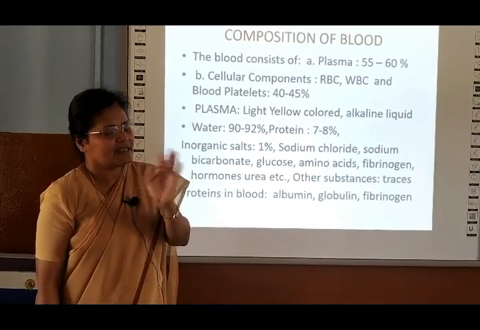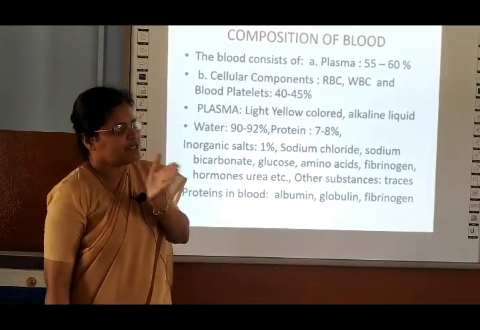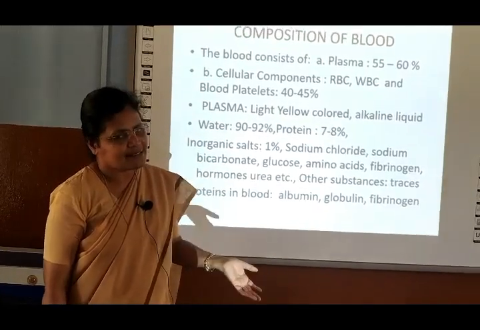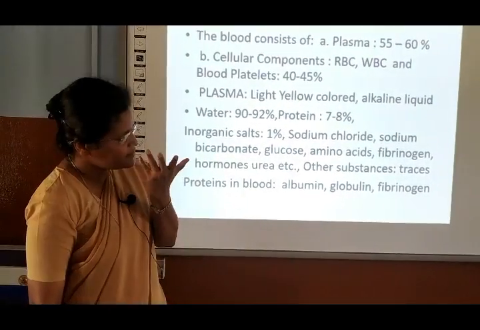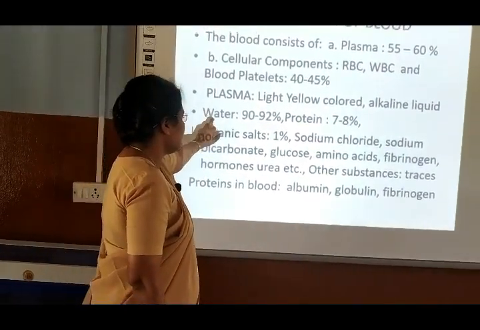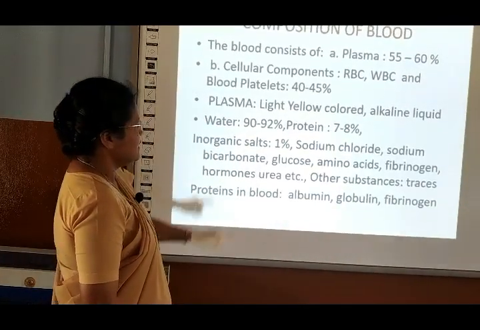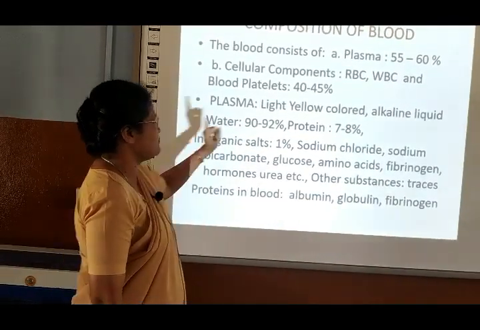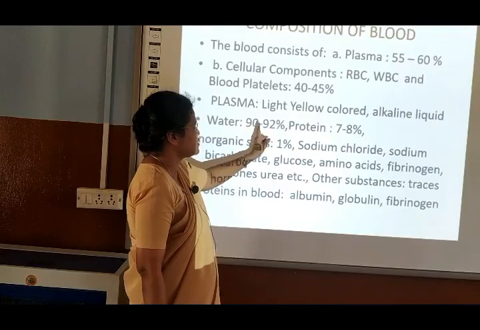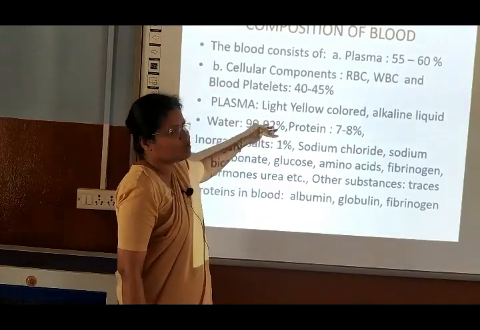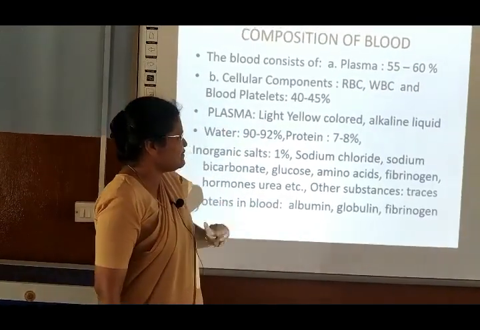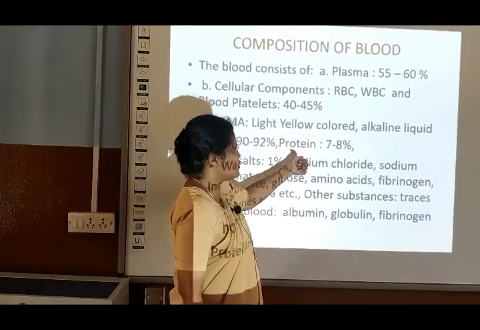You know, alkaline is based on your pH value. If the pH value is below 7, it's acidic. If it's 7 and above, it is alkaline. Then you have the water. Remember, 90 to 92% of the plasma is composed of water. Only 7 to 8% of it is composed of protein.